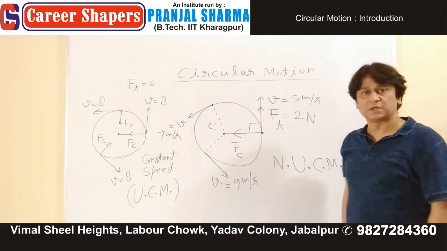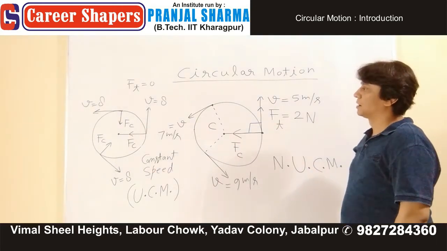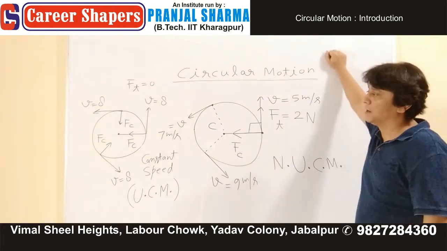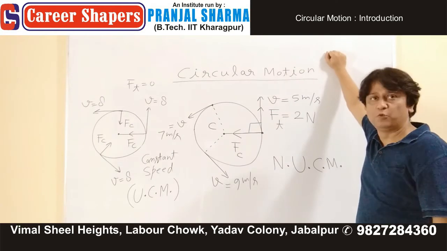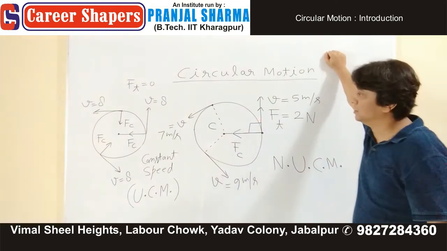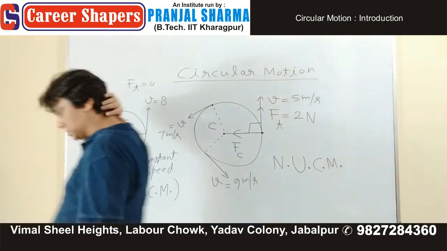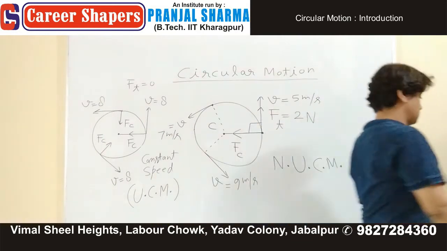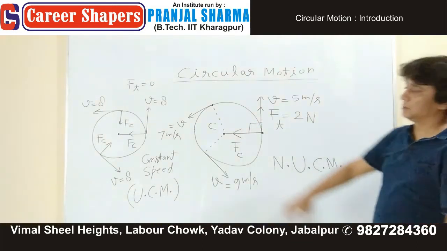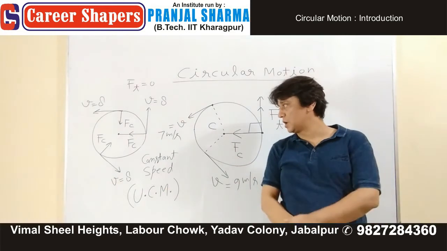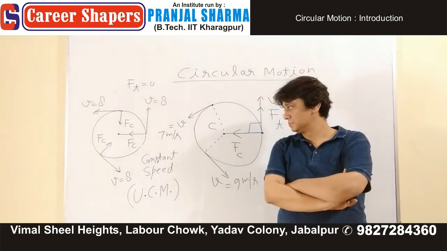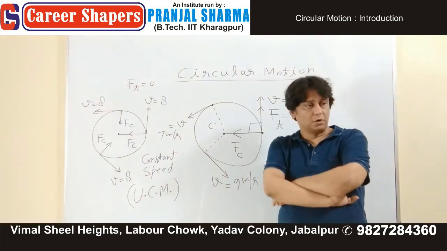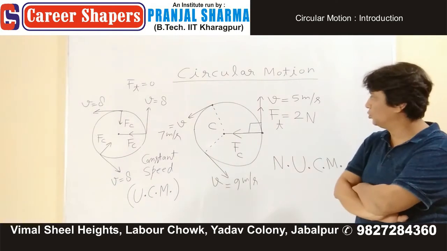And if it is not present, then speed will remain same, which is called uniform circular motion.